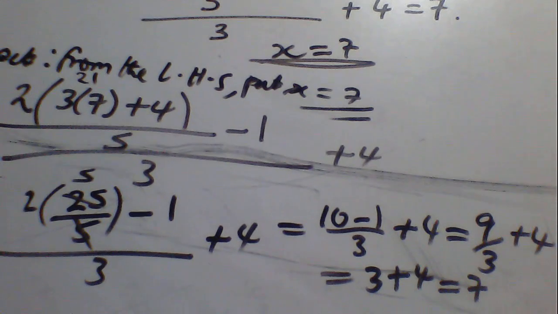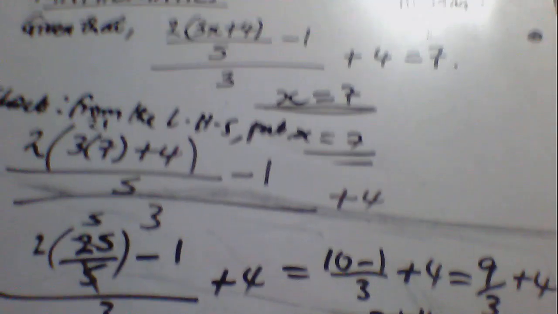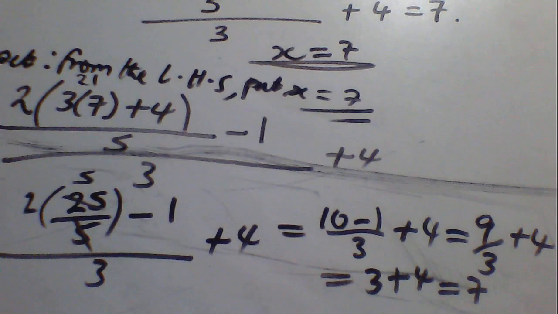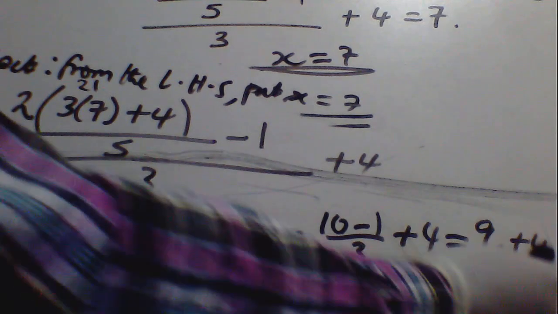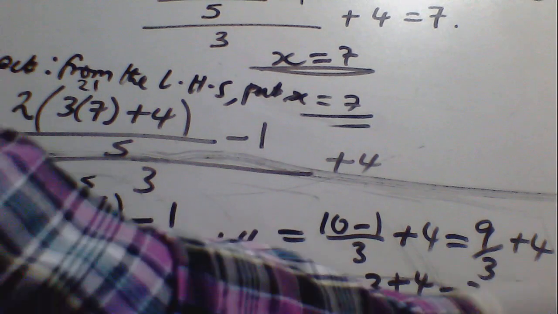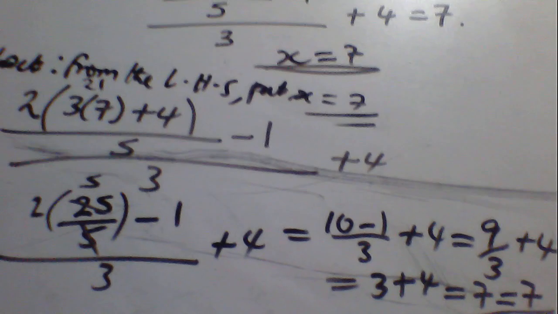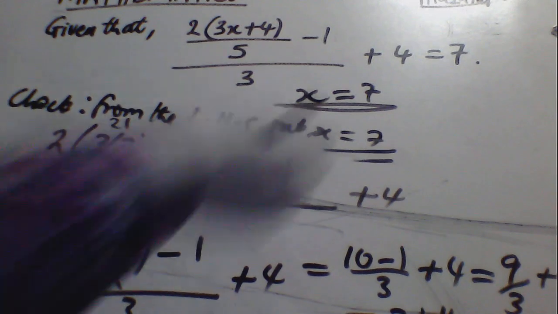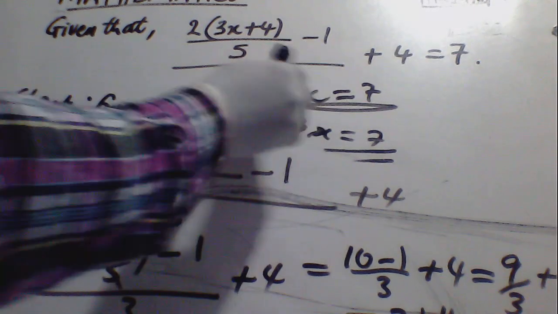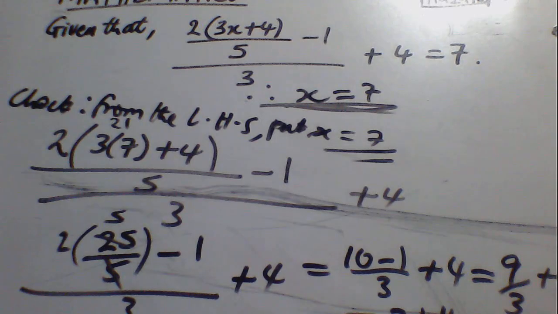So 7 is equal to 7 is a correct answer. It's true when it is logical. So therefore x is equal to 7.